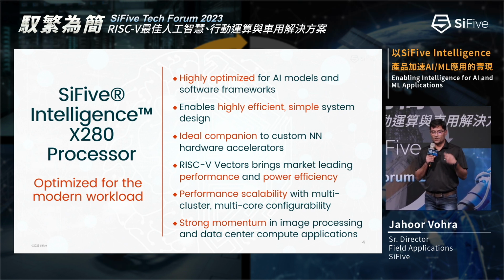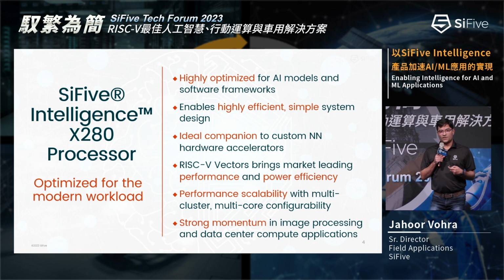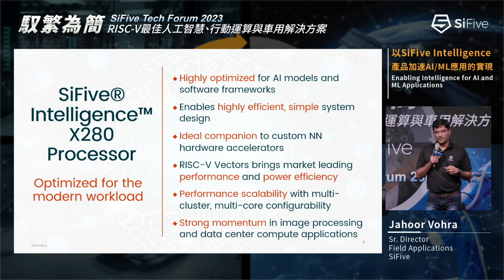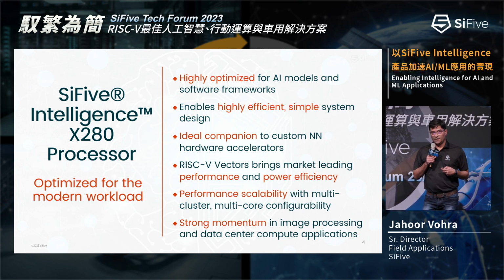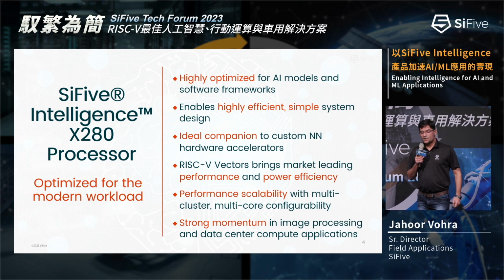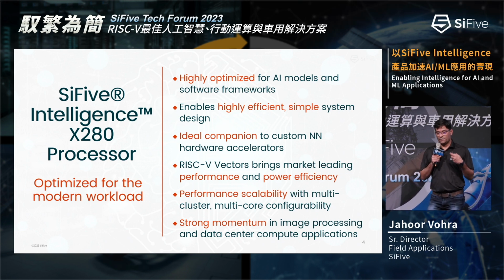For instance, if you want to support bfloat16, we enable that. Quantization, we enable that. We have extensions that we have implemented in the design so customers can realize AI applications through the X280 core. Given it's a 64-bit apps core with a wide vector unit, it makes the design of AI solutions highly efficient and highly simple.